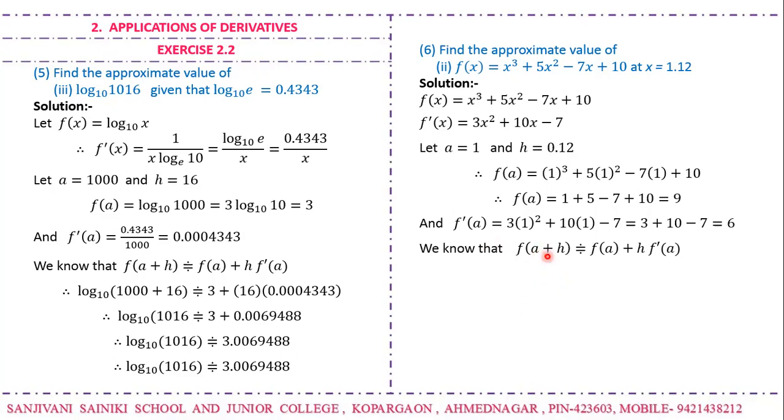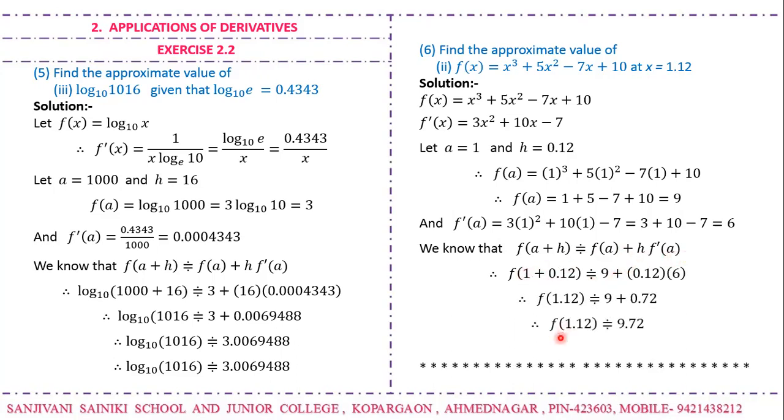F of a plus h is approximately equal to f of a plus h f dash at a. Put those values in this formula, and you will get the final answer, approximately 9.72. So the value of this function at 1.12 is approximately 9.72.